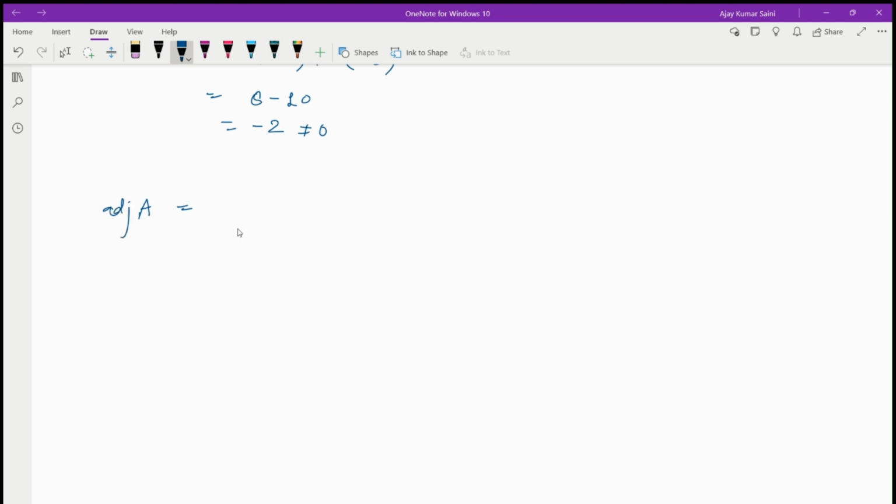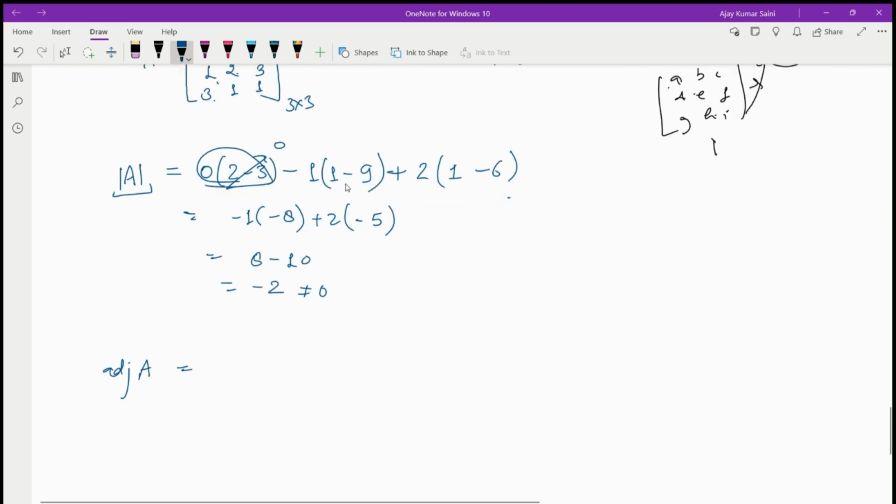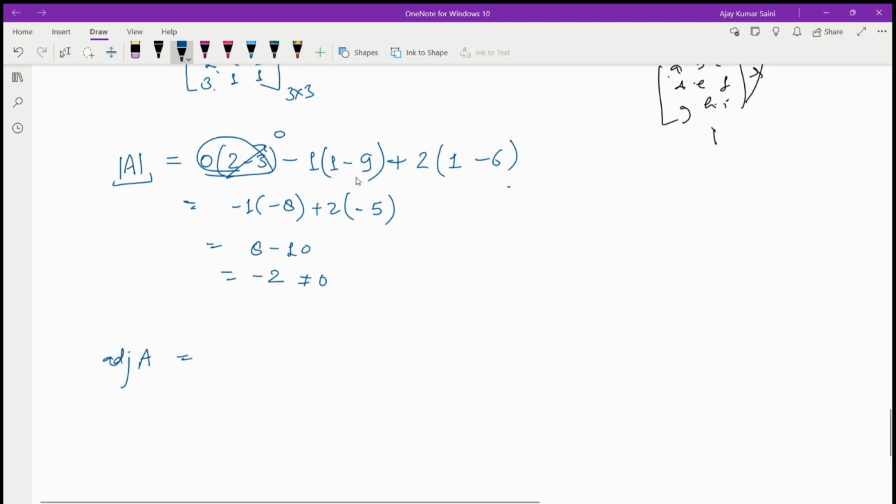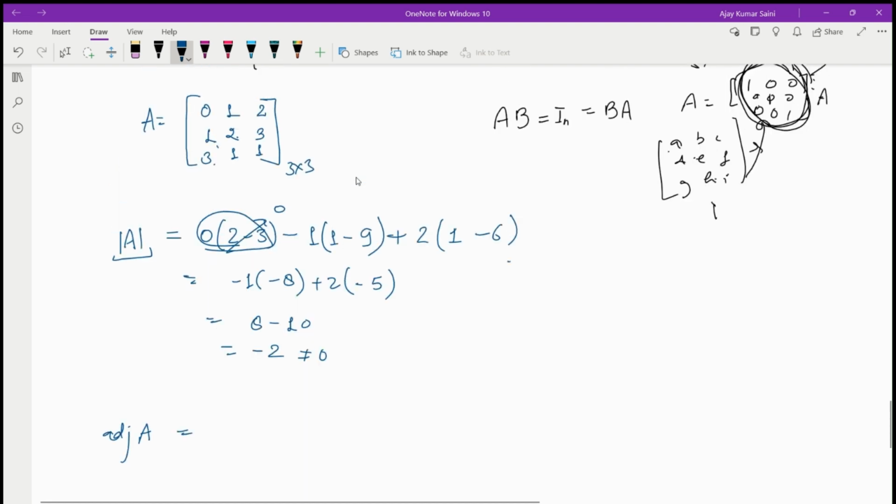Adjoint of A is equal to, where is it here. We neglect these things, and we use these things only. So 2 into 1 is 2, and 3 into 1 is 3.